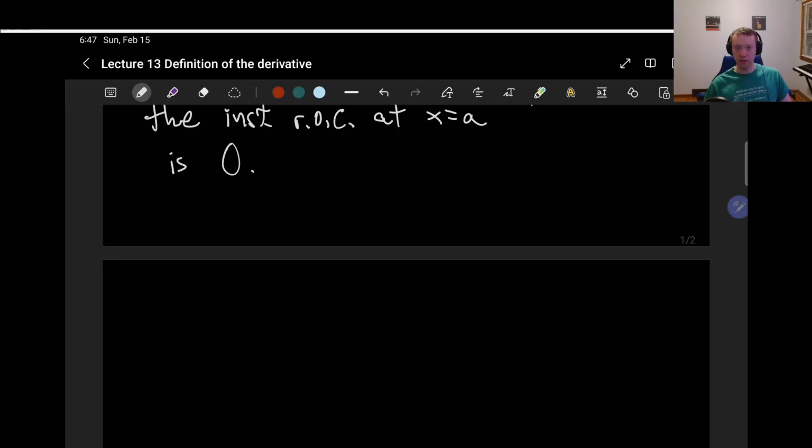The derivative gives us a powerful tool which lets us find a lot of these instantaneous rates of change.